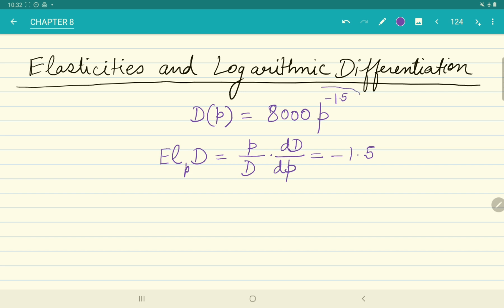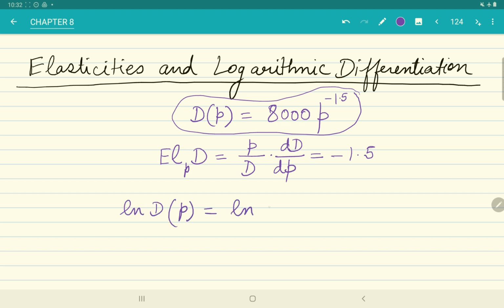If I take this expression and take natural logarithms on both sides, I get ln D(p) = ln 8000 - 1.5 ln p.